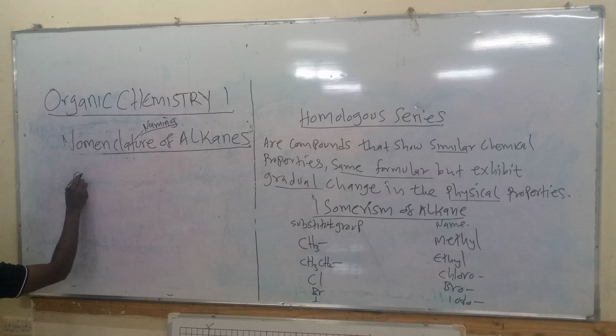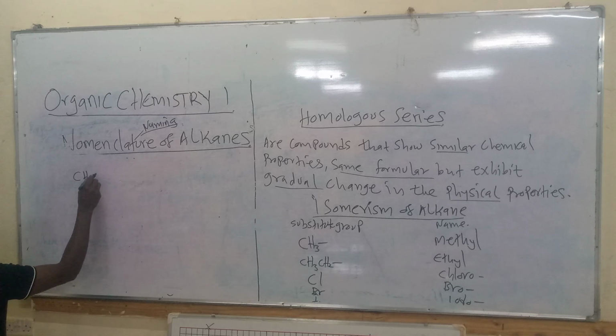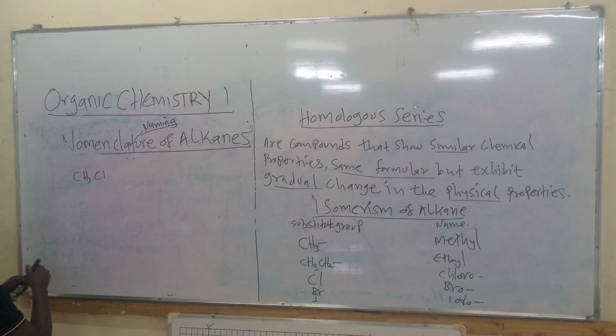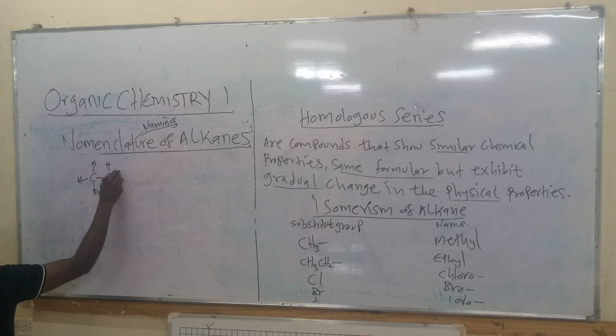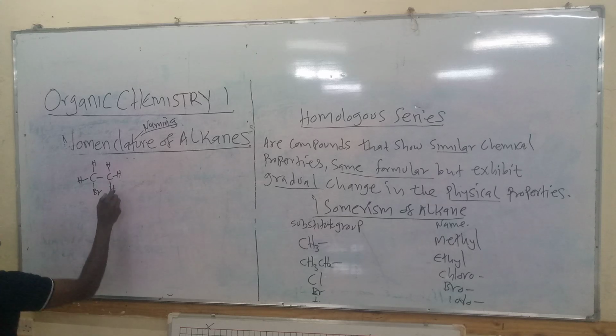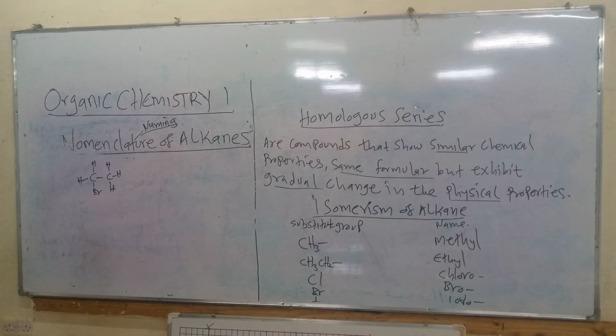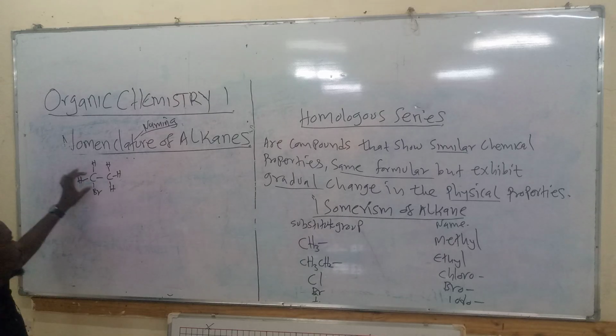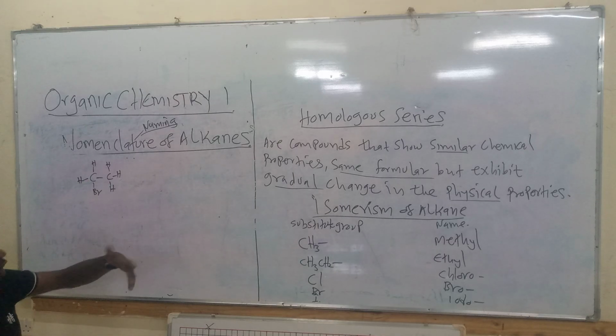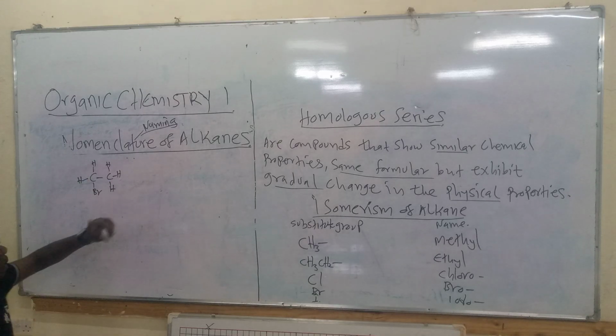Look at this one. We have CH3, and let me use the structural formula, with bromine here, then C, H, and this is H. Then you are asked to give the name. First of all, we should identify the longest continuous carbon chain so that it can give us the parent name.